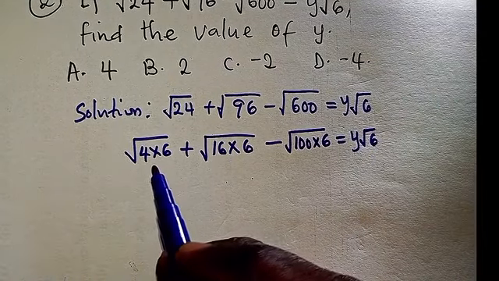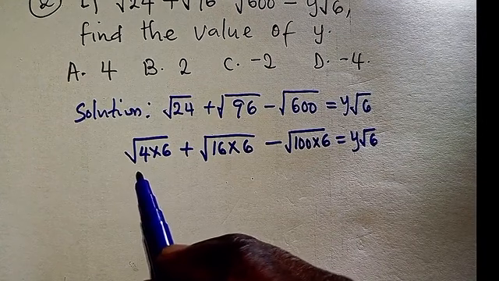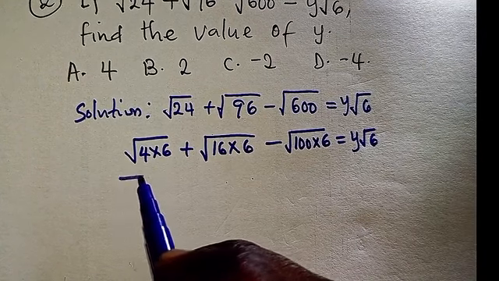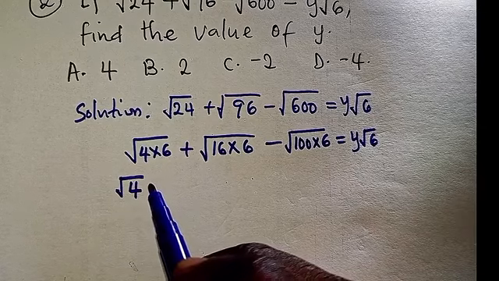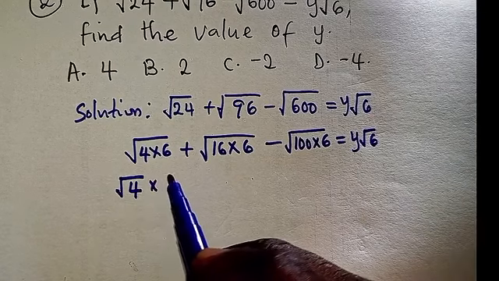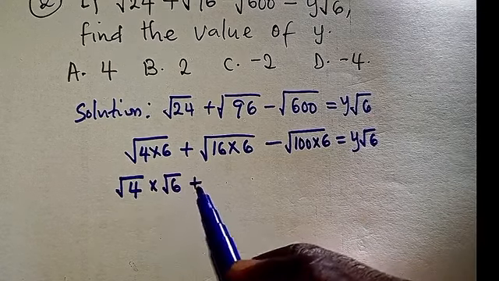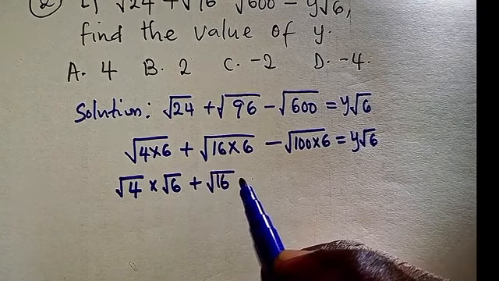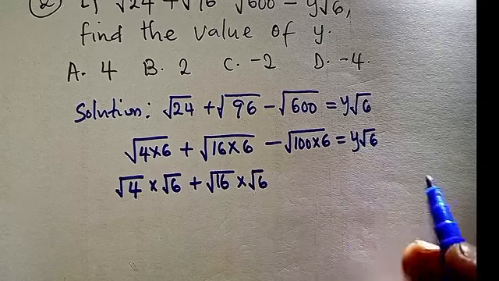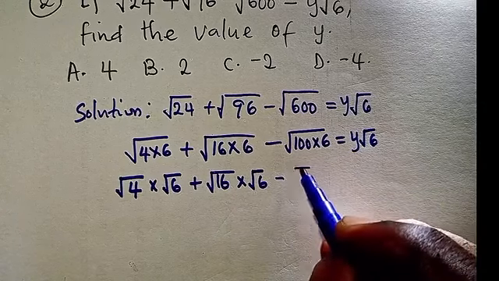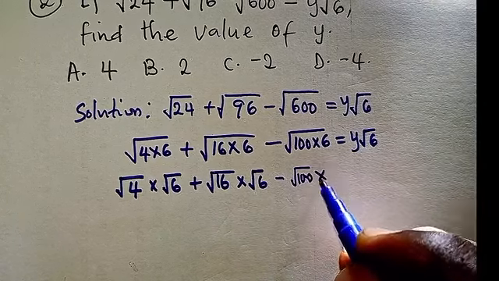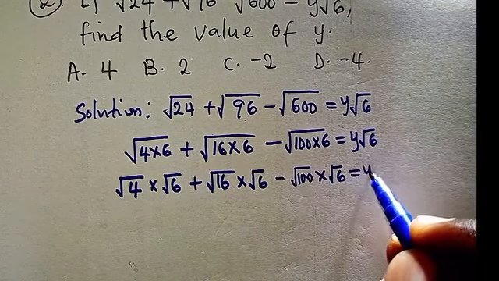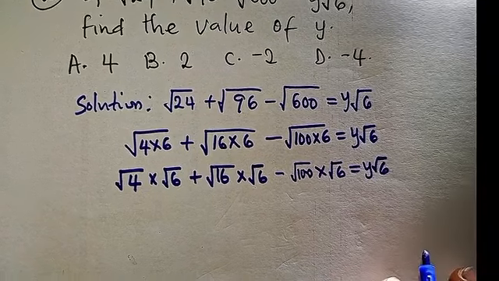So now from here we can also split this as root 4 times root 6 plus root 16 times root 6, minus root 100 times root 6, equals y root 6. Are you following?